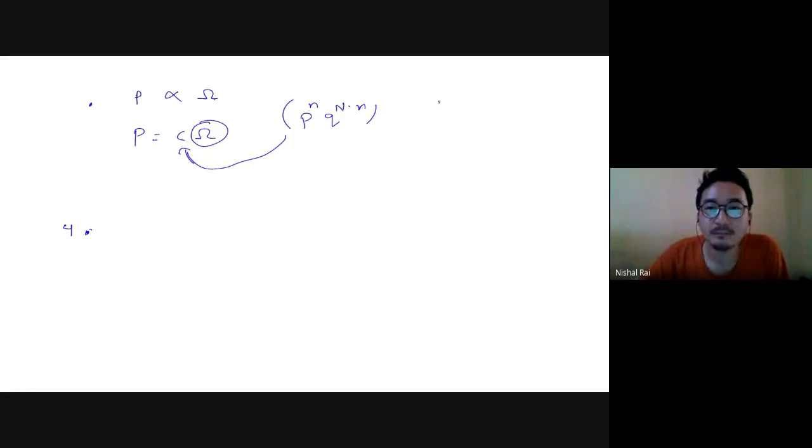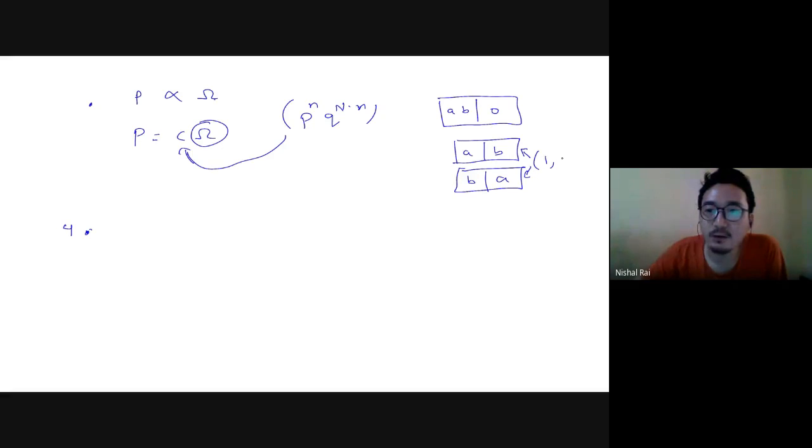Let's consider these two particles A, B, and no particle over here. And the second possibility is A and B, and also B and A could be here. So these two correspond to 1, 1. And this corresponds to 2 and 0. And similarly, this one corresponds to 0 and 2.